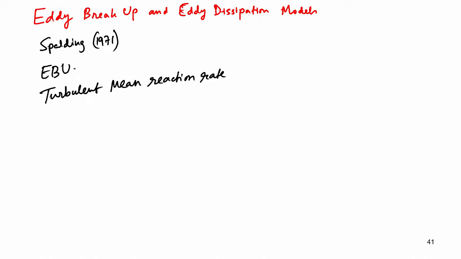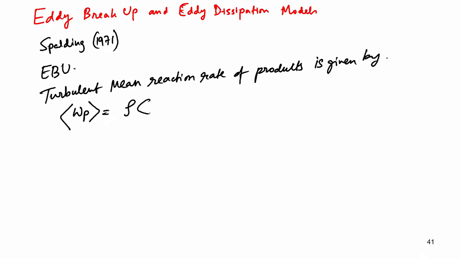So the average reaction rate is essentially the mixing rate. So the turbulent mean reaction rate of products is given by rho times C_EBU, which is a constant, times epsilon by k times Y_P to the power of half.